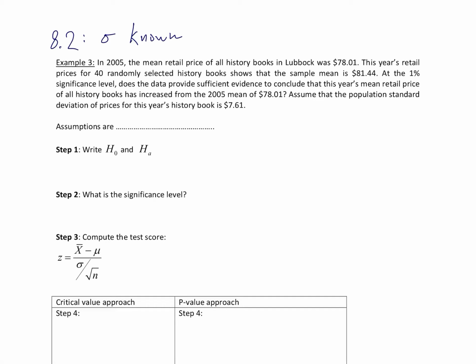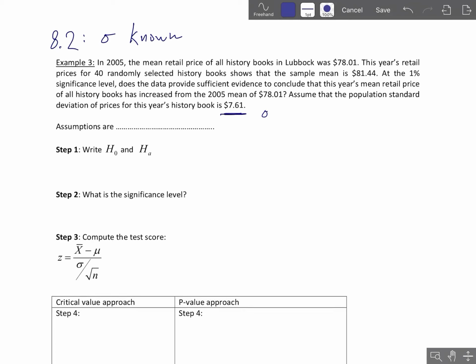Instead, because you're choosing so many books, this is a large sample size, you would expect the mean that we get from those 40 to be pretty close to the mean that the actual population has. So what we're trying to do is measure the current year's mean retail price, and compare it to the old mean retail price of $78.01.